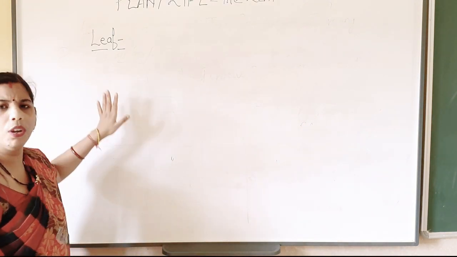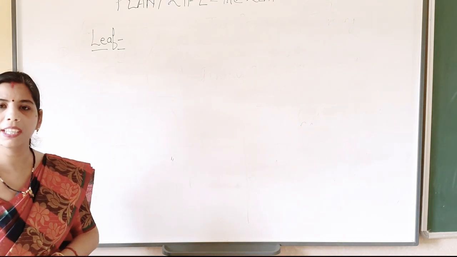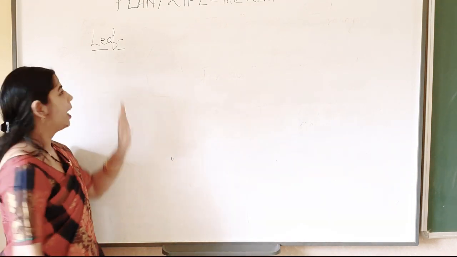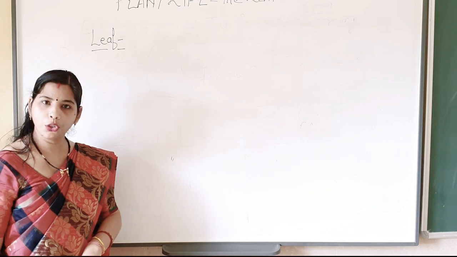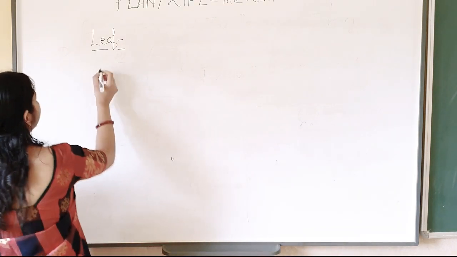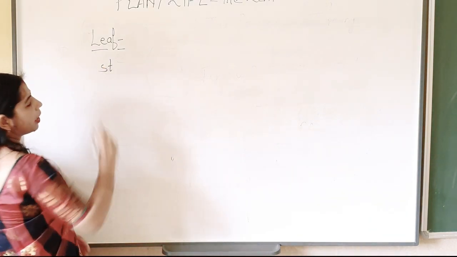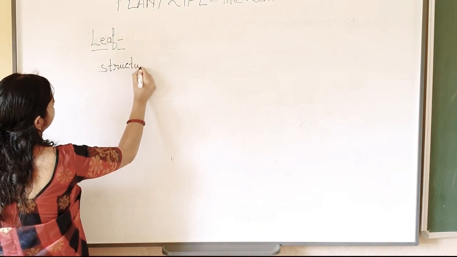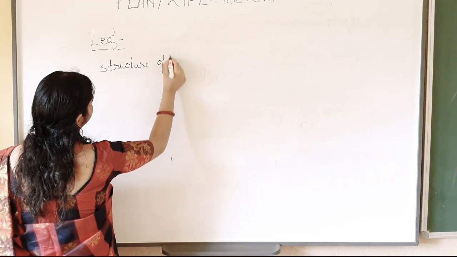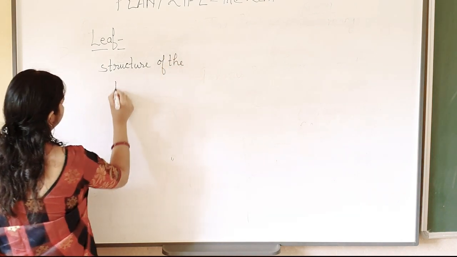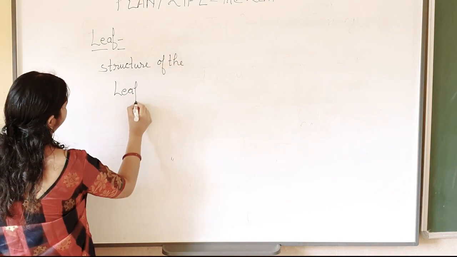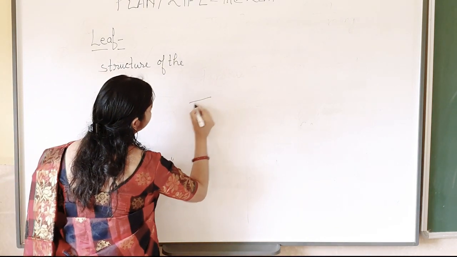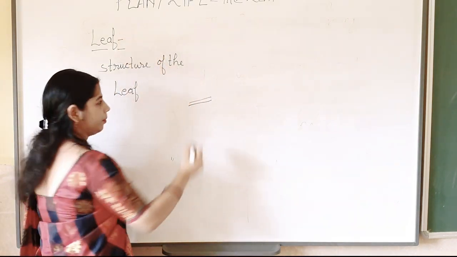That means you all know the leaf is green in color, and leaf, it is also a very important part, and it is present on the shoot system. So let us discuss the structure of the leaf. It is very important, and you must know about this structure of the leaf.